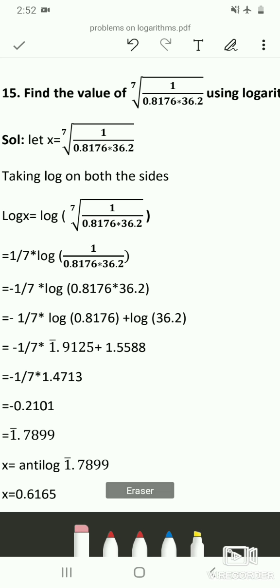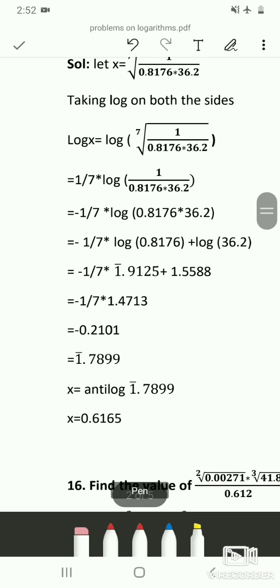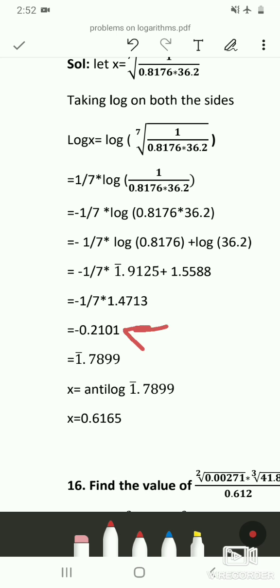Now again in this step add and subtract minus 1, and the final answer is bar 1.7899. So solve this similarly like we solved the first problem of today's class. In the usual way you solve it.